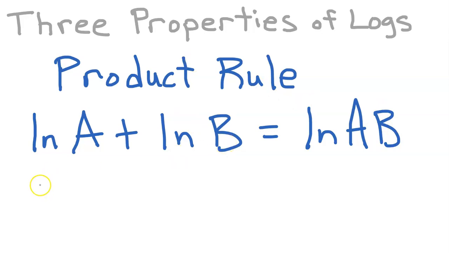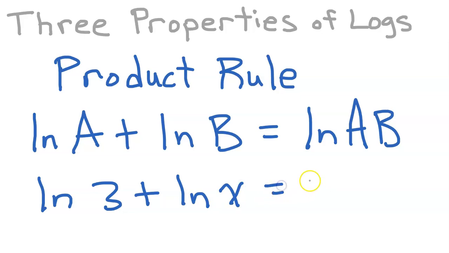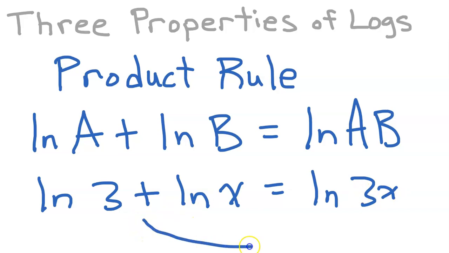Here's a small example. If I had the log of 3 plus the log of x, that would equal the log of 3x. Going from a sum to the natural log of a product, this is considered condensing.